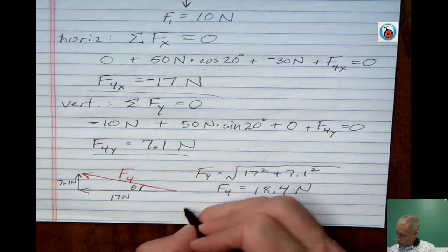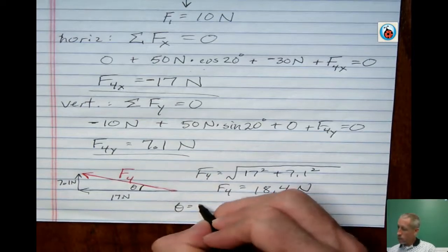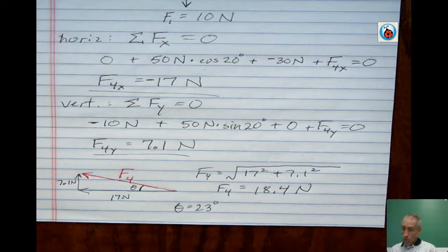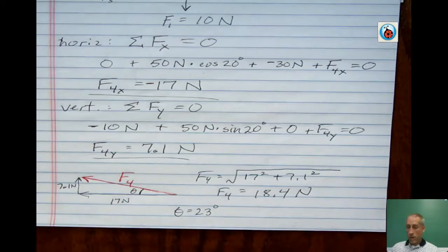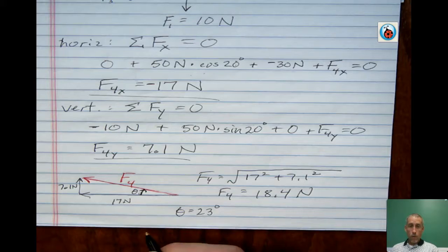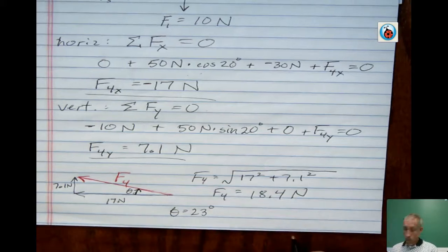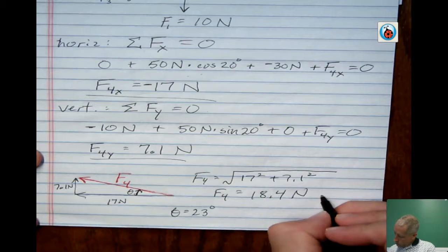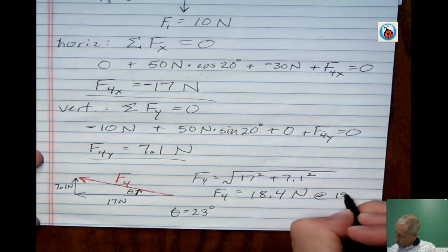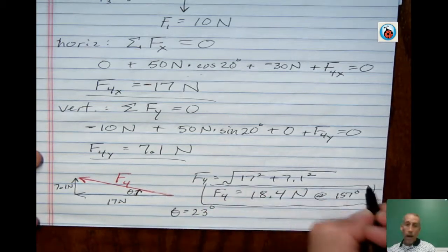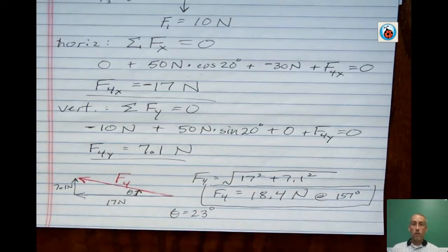I'm just going to tell you that I came up with a theta of about 22 or 23 degrees, I guess. But I can't report that as 23 degrees because look where that's pointed. That's how far above leftward it is, or the negative x direction. So I need to take 180 minus 23, and that's 157 degrees. And that would be the proper way to report that using our counterclockwise from positive x orientation.